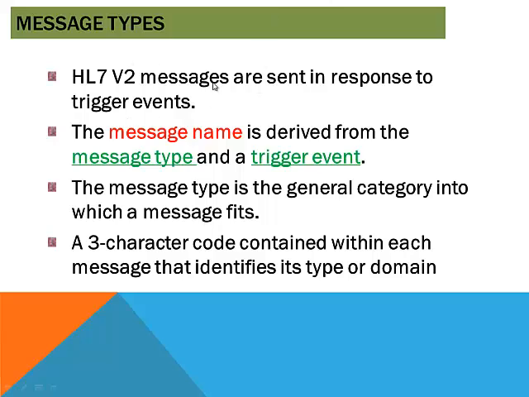As we just showed in the example, a message is sent when an event is triggered. So the full name of the message is derived from the message type and the trigger event. The message type is the general category into which a message fits.